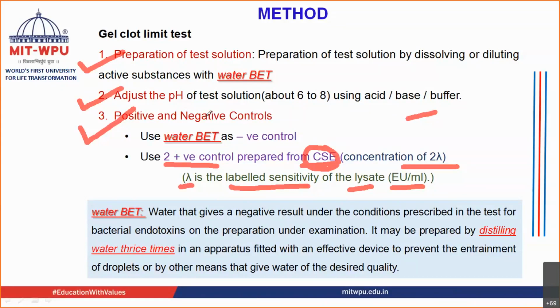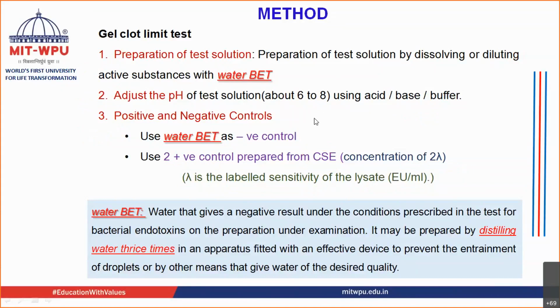You are going to add your negative control to it, and then you are going to add your test solution also to it. And you are going to observe whether gelling has taken place or not, and how you are going to interpret the results.